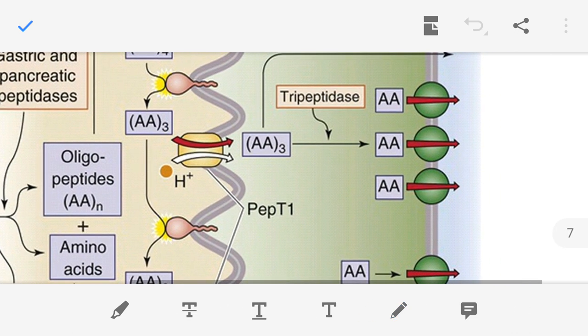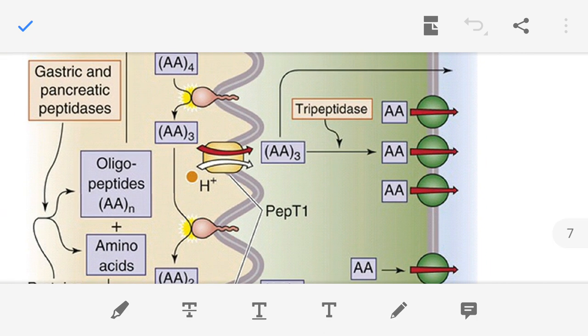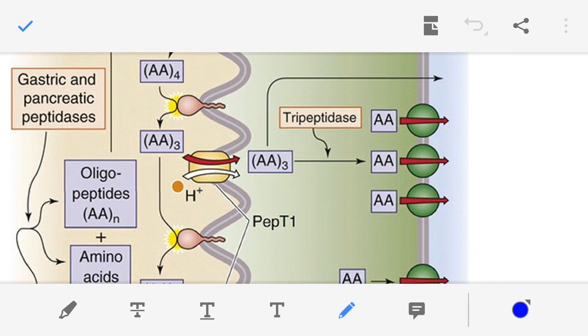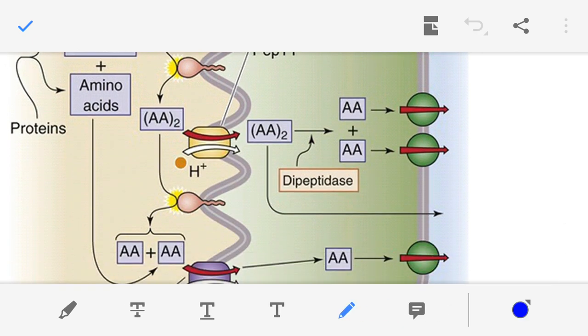Now, AA3, one route is to the amino acid, then what is the meaning of this arrow? AA2 is digested into AA plus AA, amino acid plus amino acid, or this arrow. For that I will deliver a separate lecture on the process of absorption of protein.